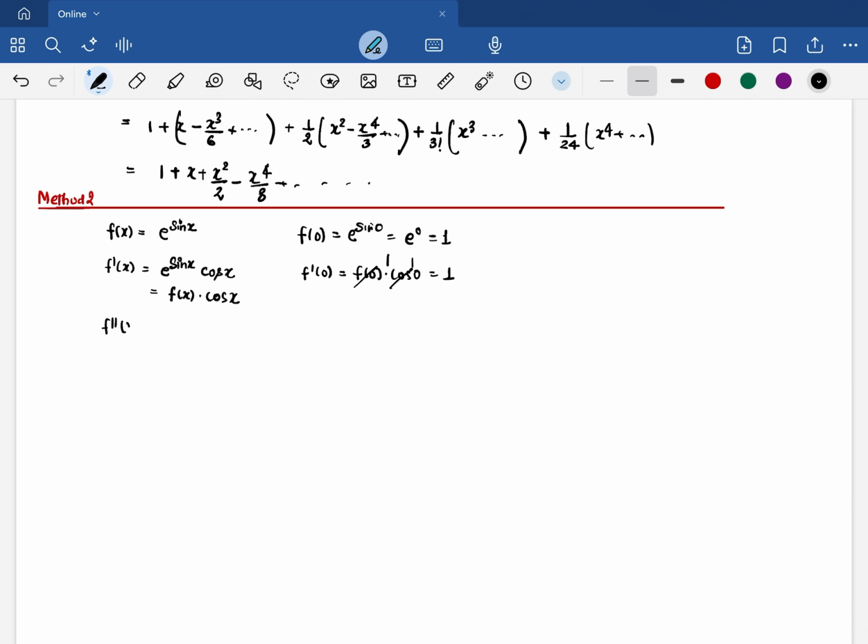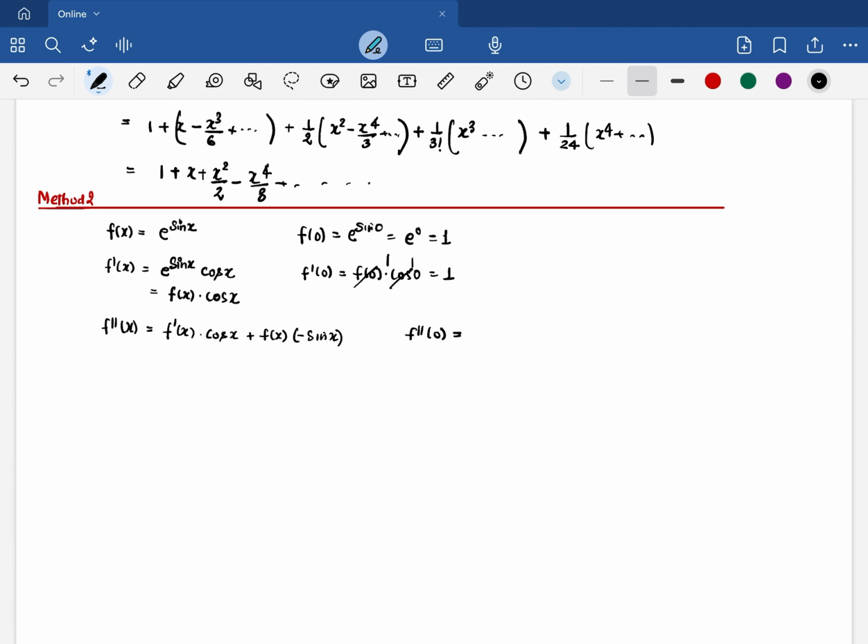Let's take the second term, f double dash x. In order to simplify things, we'll write f dash x. First we'll differentiate f dash x and keep the second as constant, and then keep the first as constant, and this is minus sin x. So let's calculate the second order derivative at 0.